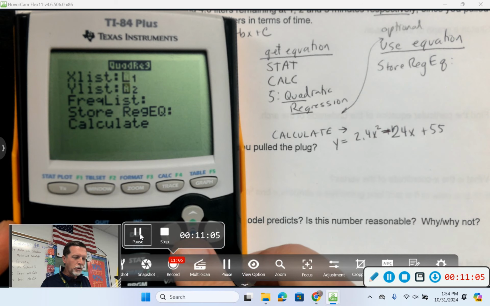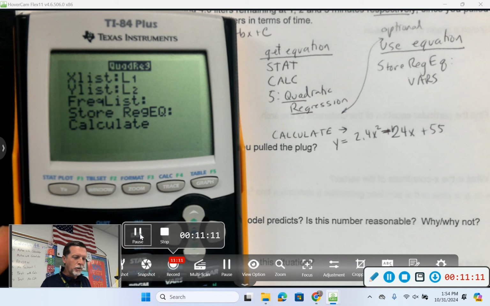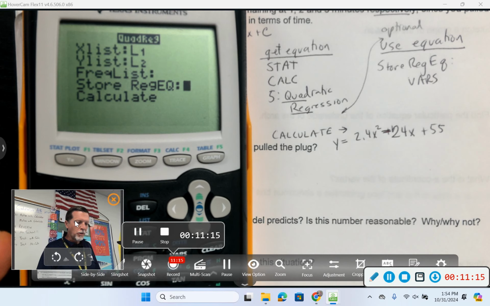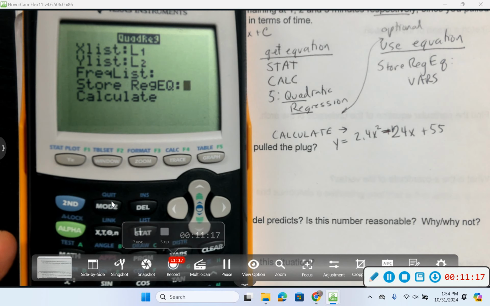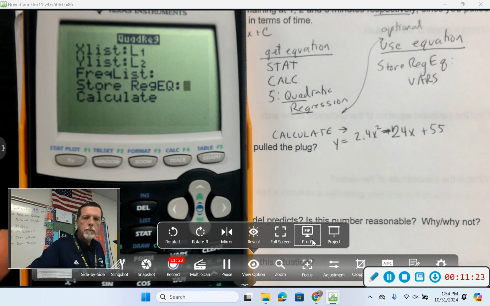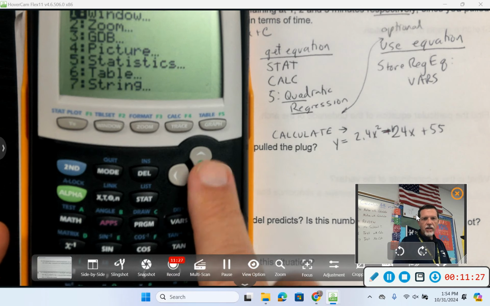So when you get to store regression equation, we're going to go to vars. Let's see, vars is over there on the right. Vars is right there.